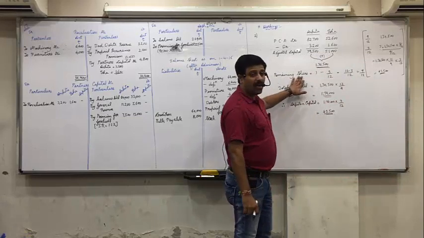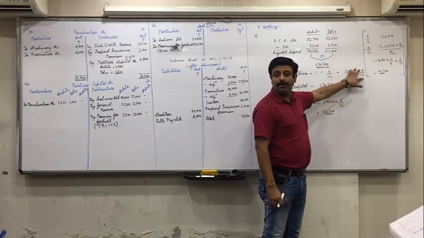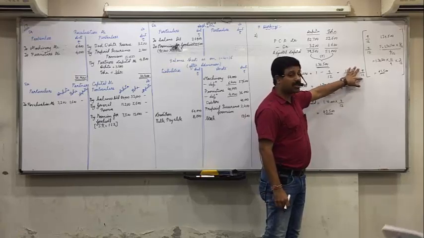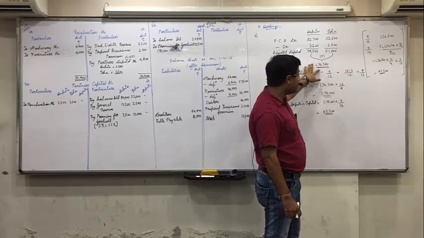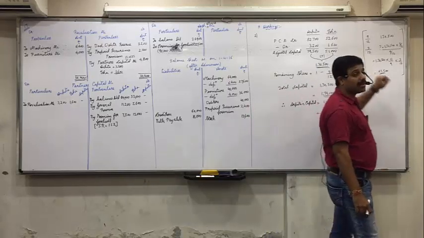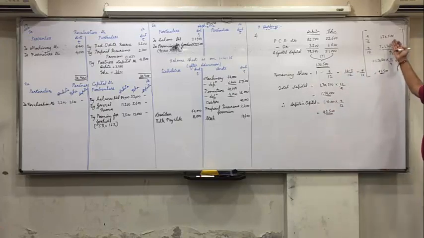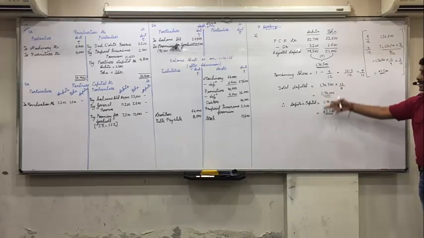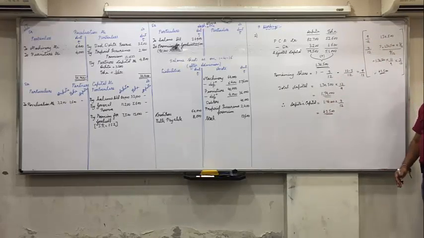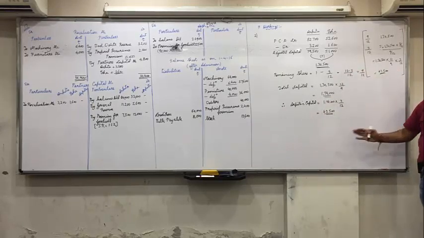The share of Ankita and Isha is 9 by 12, and for their share their capital is 1,30,500. So for the new partner's share 3 by 12, what will be her capital? 1,30,500 into 3 by 12 divided by 9 by 12. That is virtually the same. Those who understand the logic can do it with the logic, otherwise you can remember these steps.